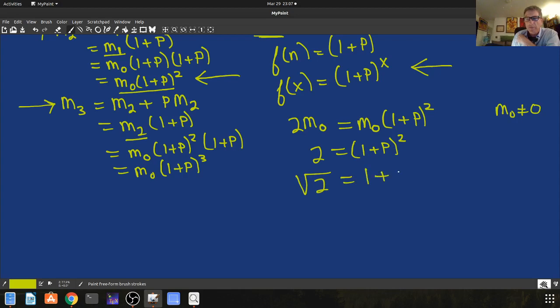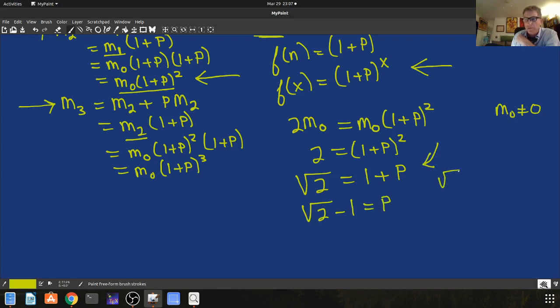That gives me the square root of 2 is equal to 1 plus P. Now my whole goal was to solve for P, so by subtracting 1 from each side, I get the value of P.